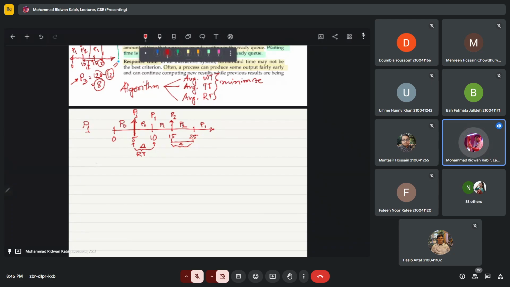If you consider this for P1, say you have an array of waiting times, the first waiting time would be W1, the second waiting time W2, and so on up to Wn. The waiting times for a particular process, if you take the average of them, will give you the average waiting time across n processes.